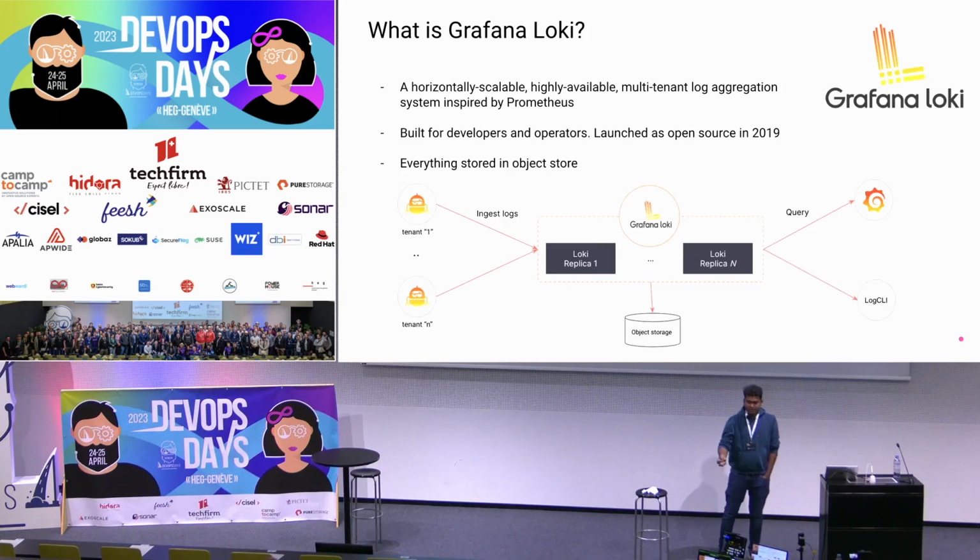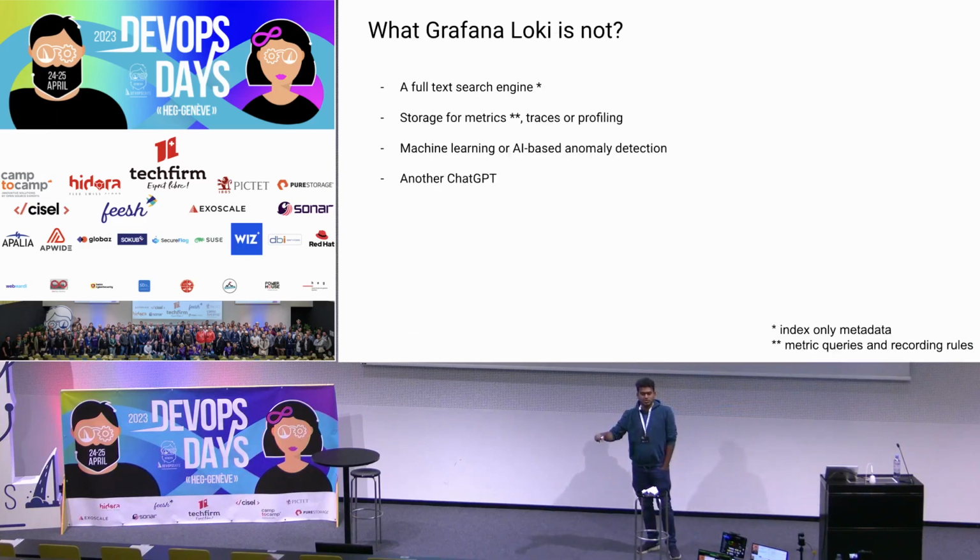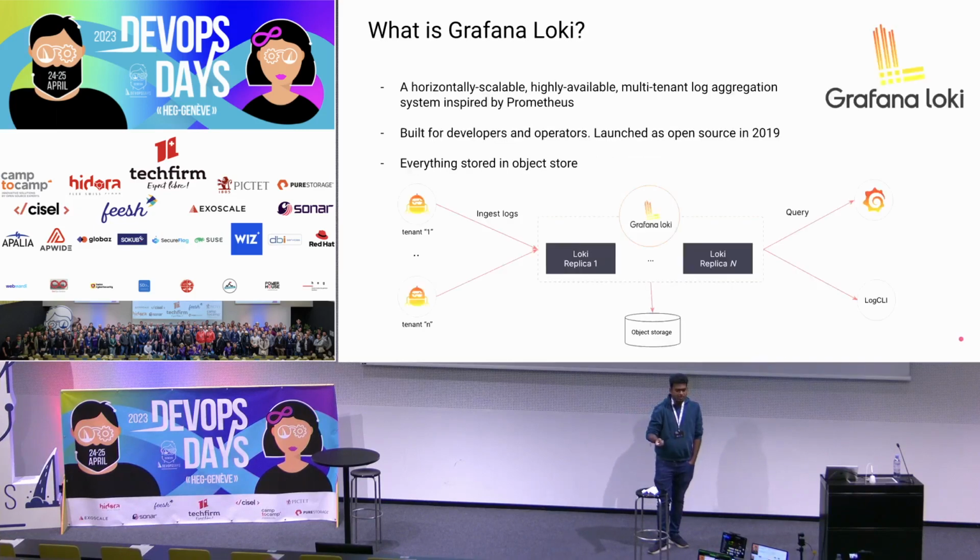The important thing to note here is it's multi-tenant. What that means is you have a single instance of Loki, and it can handle multiple users, and it's isolated at the storage level. No matter how many users are being served from a single Loki instance, everything is isolated tenant-wise. So that's what I mean by isolation here.